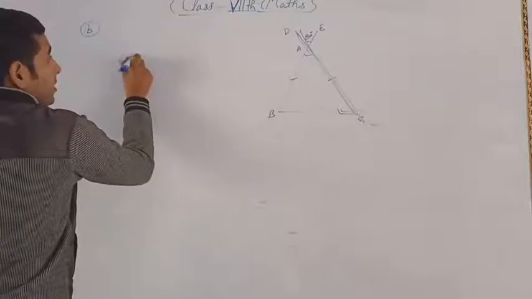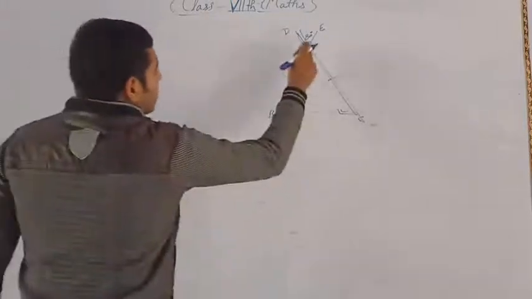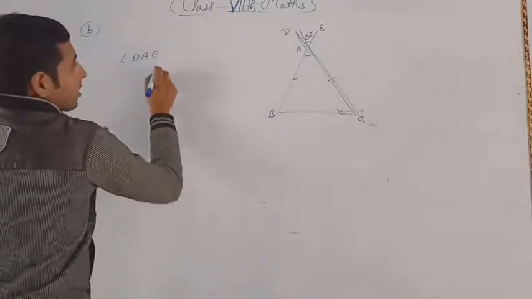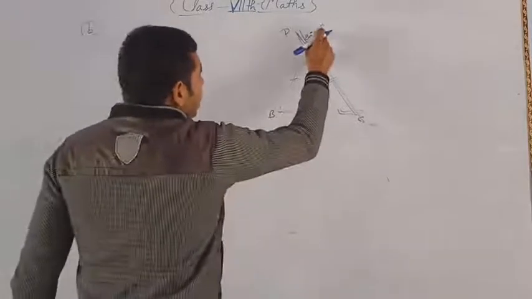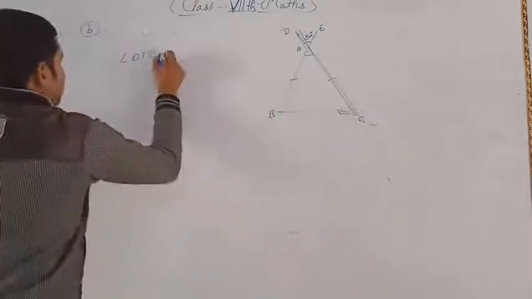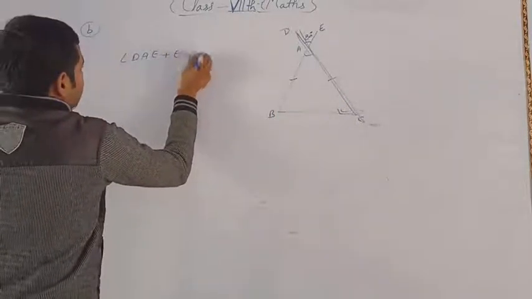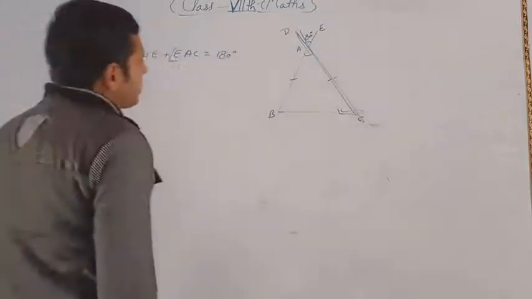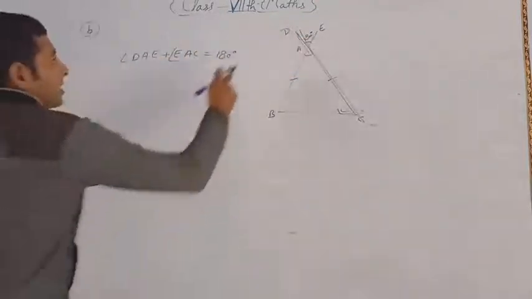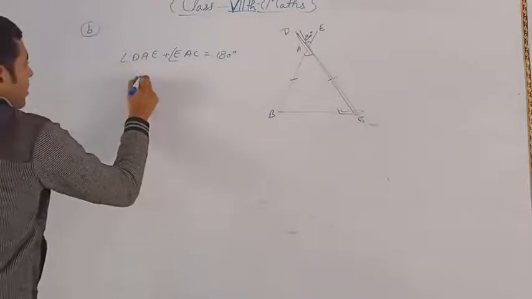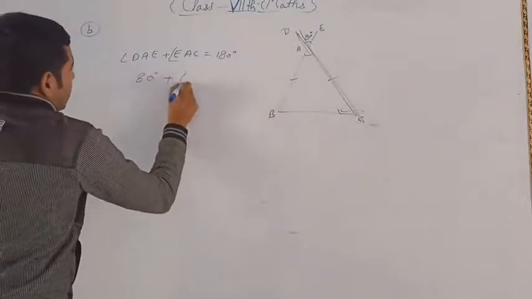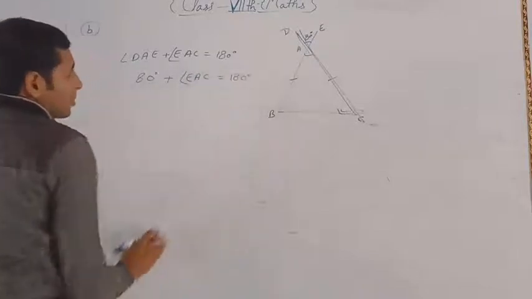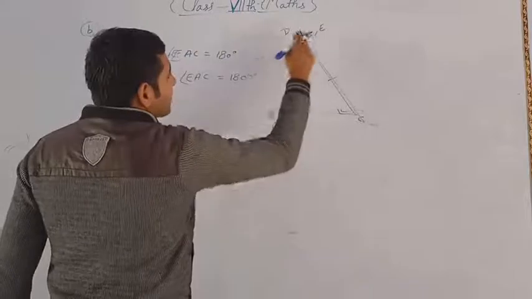So angle DAE plus angle EAC is equal to 180 degrees. Given that angle DAE is 80 degrees, plus angle EAC is equal to 180 degrees. We have to find the value of angle EAC first of all.